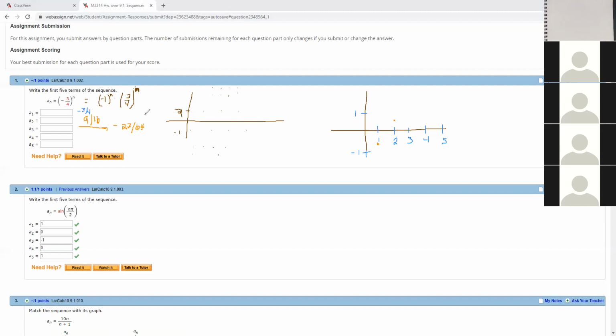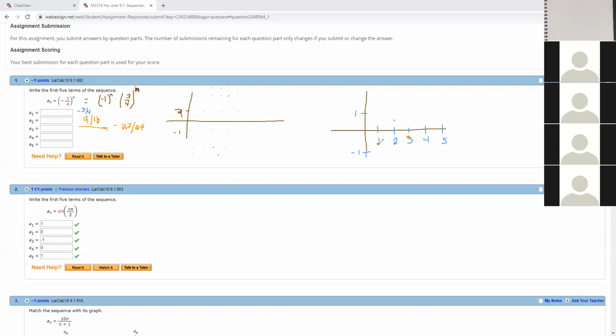Now, if we had to, we could go into a calculator and start plugging these numbers in. But 32/64 would be half, and 27/64 is smaller than that. So this is not even -0.5. This was 0.5, and now it's negative, but it's even smaller than 0.5.